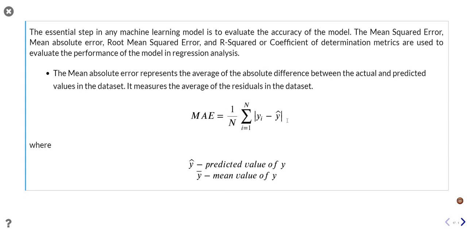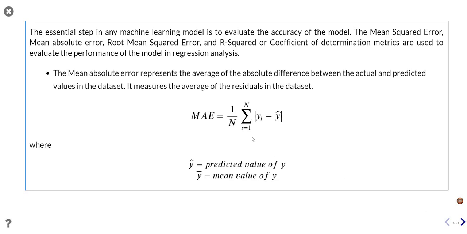You can see there's a modulus here. y refers to the actual value, and y with a hat over it, y hat, is the predicted value. So the absolute difference, that's why we have the modulus. This is the average of the absolute difference between the actual and predicted value. This is the mean absolute error.